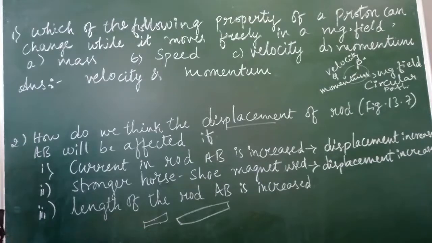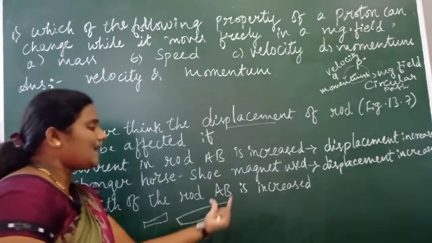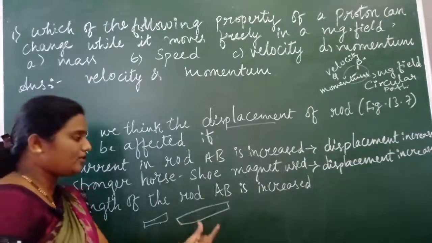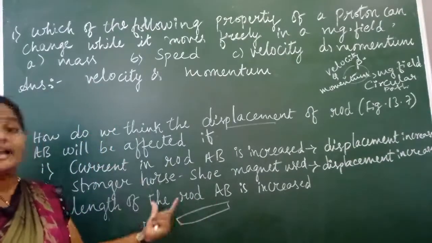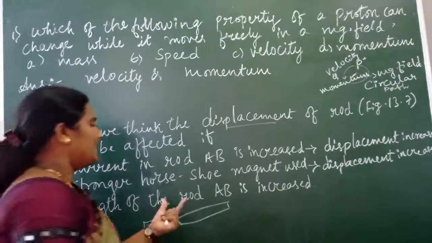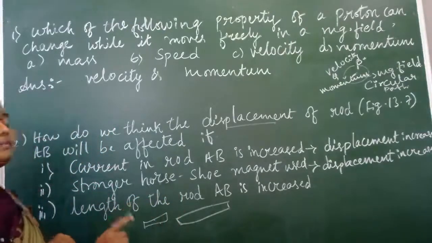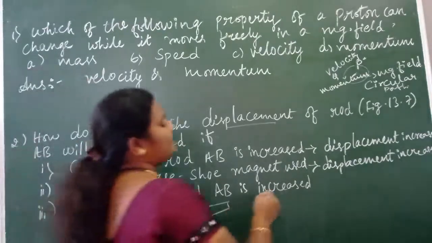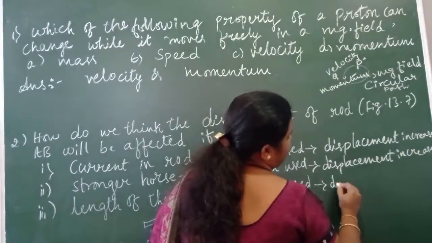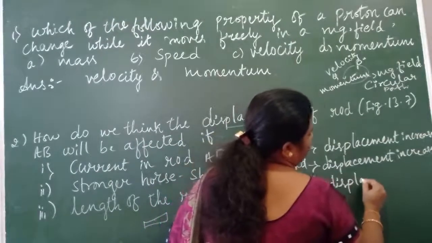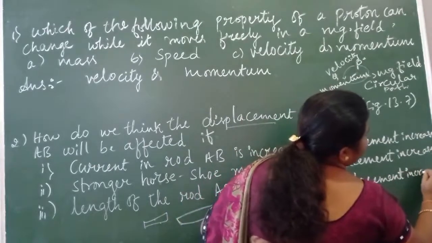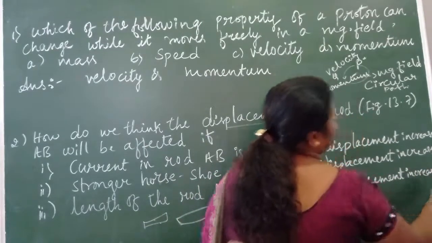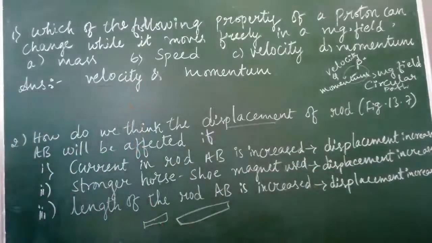If the length of the rod increases, the force on it also increases. Because of the greater force, more displacement can be achieved. So in the third case, if the length of rod AB is increased, the displacement also increases. Isn't it, children?